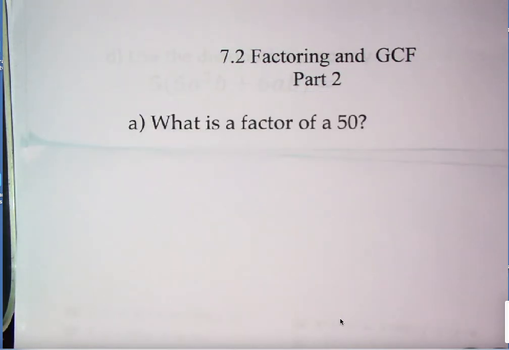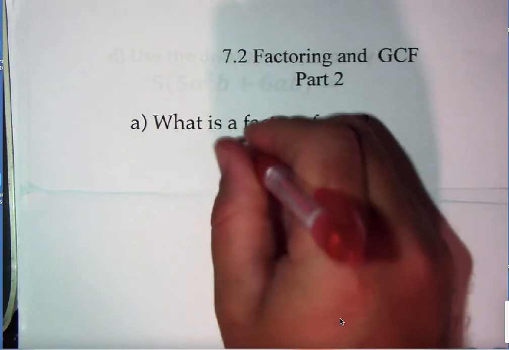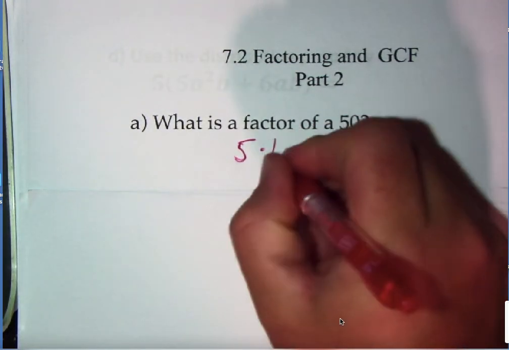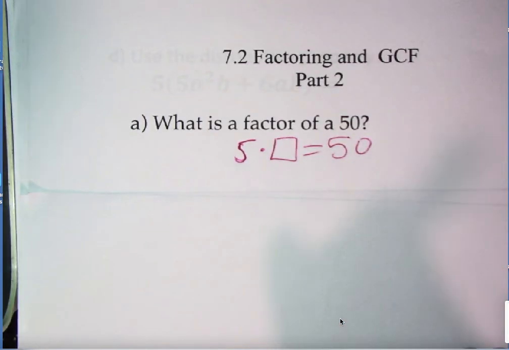So, I'm talking about factors. Again, just remind us, what is a factor of 50? Not trying to do prime factorization, but what is a factor of 50? Throw it out there. 5. Yes, 5 is a factor of 50. How do you know 5 is a factor of 50? Because 5 times some other factor equals 50, right?